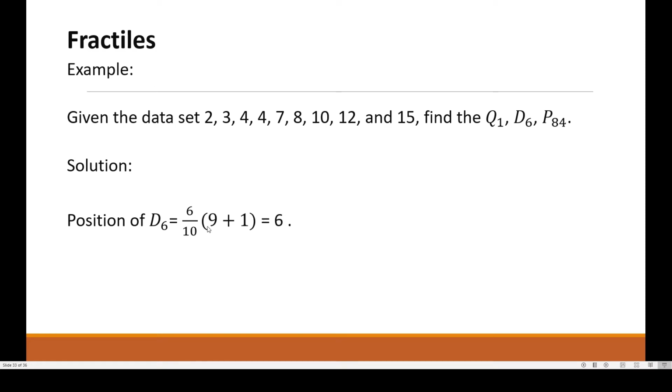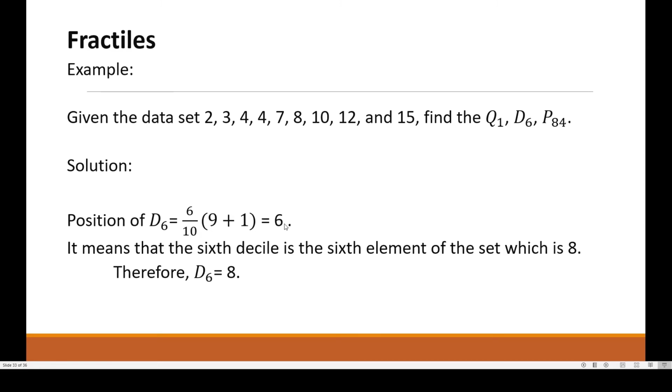So 6 over 10 times 9 plus 1 equals 6. That means the sixth element is our sixth decile. Counting from left to right, 1, 2, 3, 4, 5, 6. So therefore your D sub 6, or sixth decile, is 8.